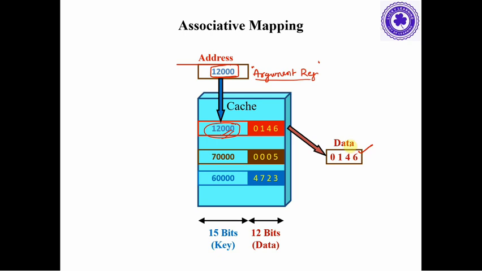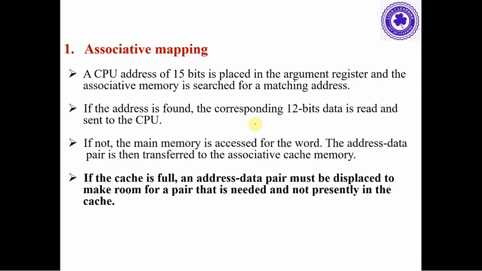Now it is a simple technique, but we know that associative memory is costly. And one more thing, what happens when the cache is full? When the cache is full, all words in the cache are occupied. Now an address-data pair must be displaced to make room for a pair that is needed and not presently in the cache.